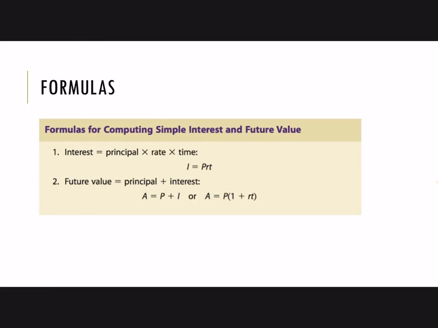We also have a formula for calculating simple interest. Interest equals principal times rate times time, or in variables I equals PRT. So to see how this works, let's look at a simple example. Let's say that you deposit $100 in a bank account, and let's say that you earn interest using simple interest.